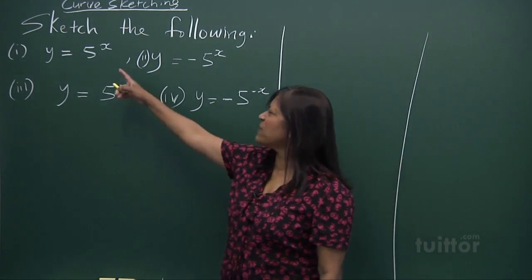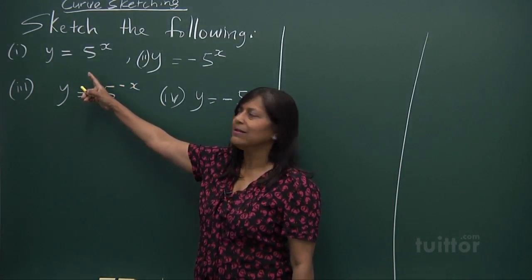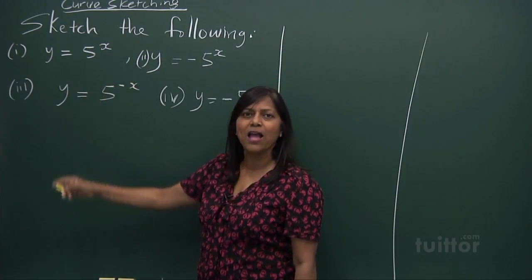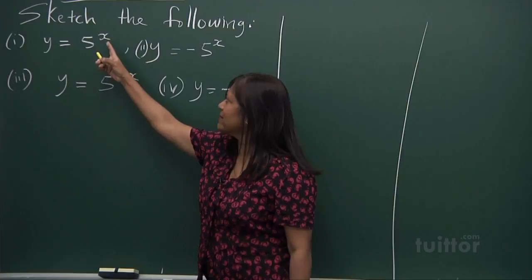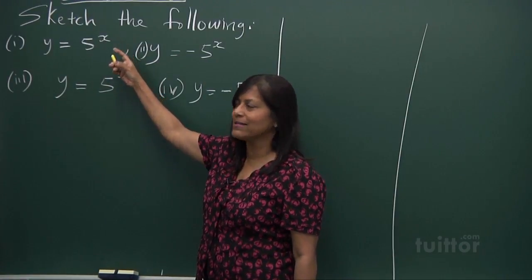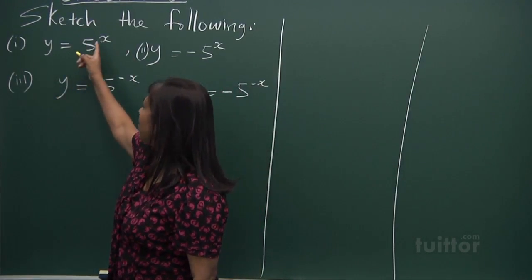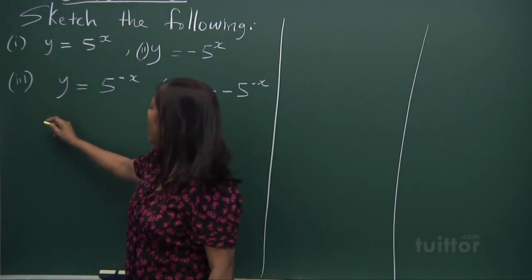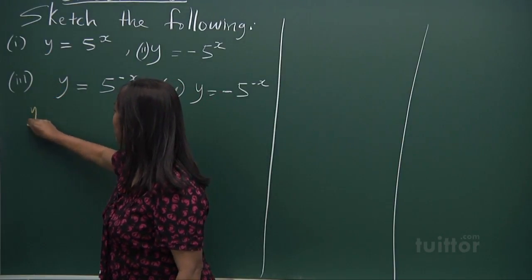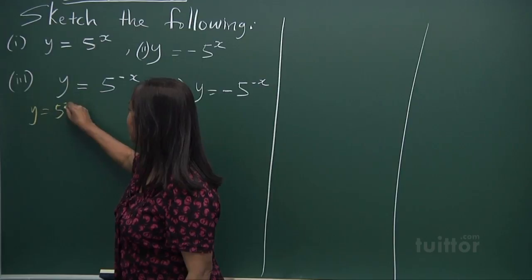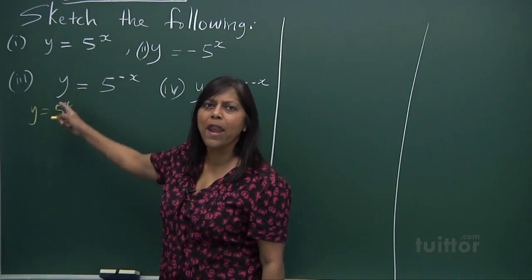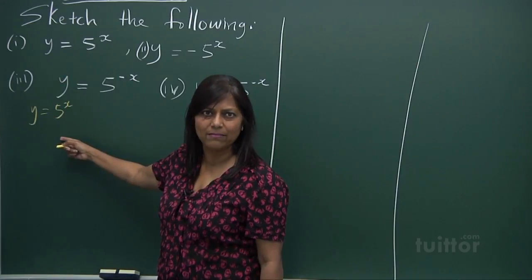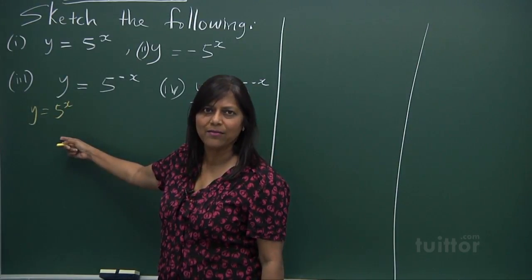Now if you look at it, I'm just playing with 5 and x. Now y equals 5 to the power of x. Even if x is a negative number, if it's minus 2, it will still be 1 over 5 squared, and that's 1 over 25.